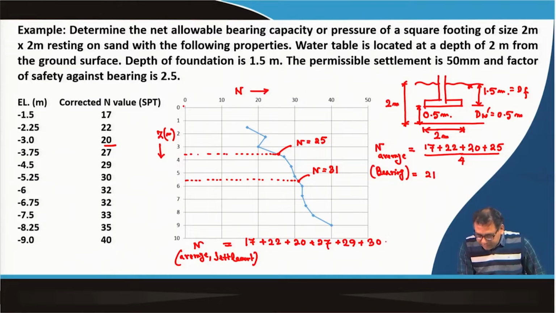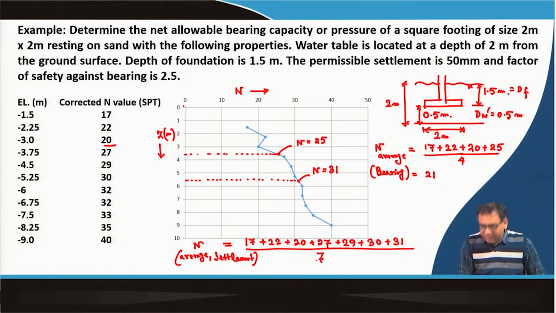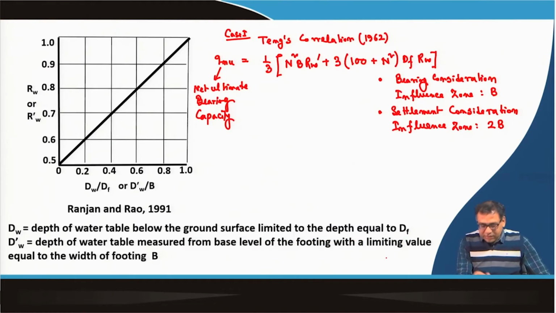So, we are taking 31 also, and then we are taking the average of 1, 2, 3, 4, 5, 6, 7 readings. So, the average is divided by 7, and that average value is coming out to be 25. So, average N value for bearing consideration is 21 and average N value for settlement consideration is 25. So, we will use these values.